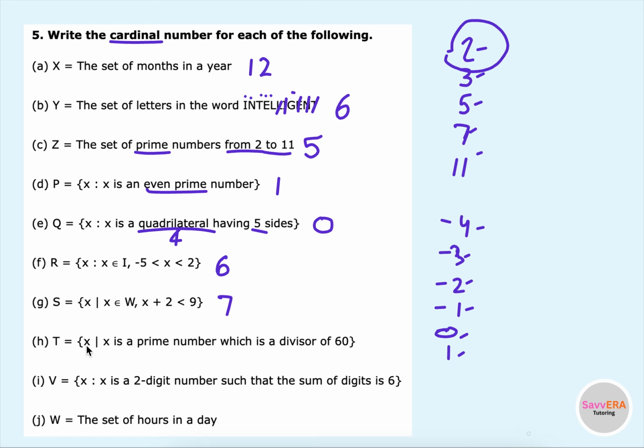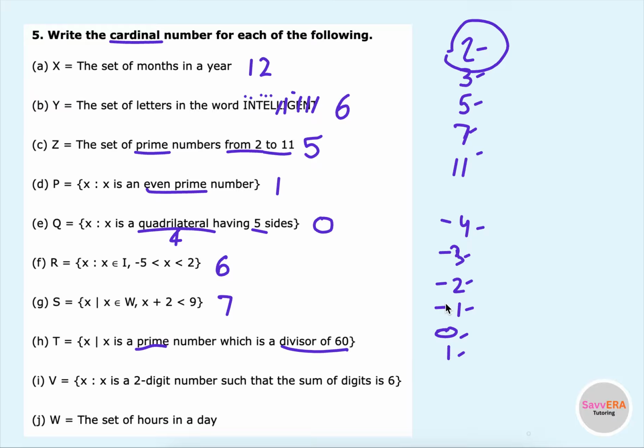The next one, it says set T is X, where X is a prime number such that it is a divisor of 60. Okay, so first we have to find divisors of 60.